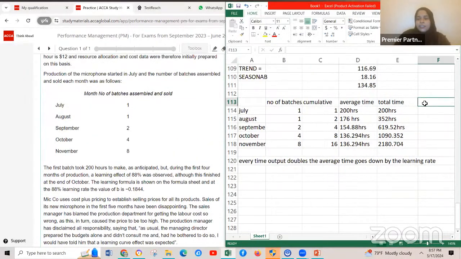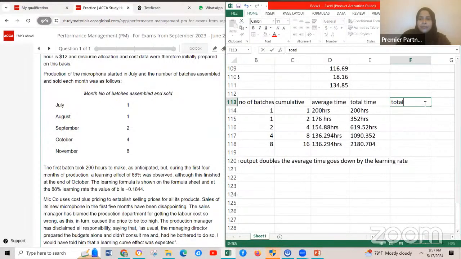Now let's take the total time for the items made in that month. Can say total monthly time. No? So in this month now only one was made. So 1 into 200, 200. In this month, average is 176. That means for one batch 176. In that month only one batch was made.